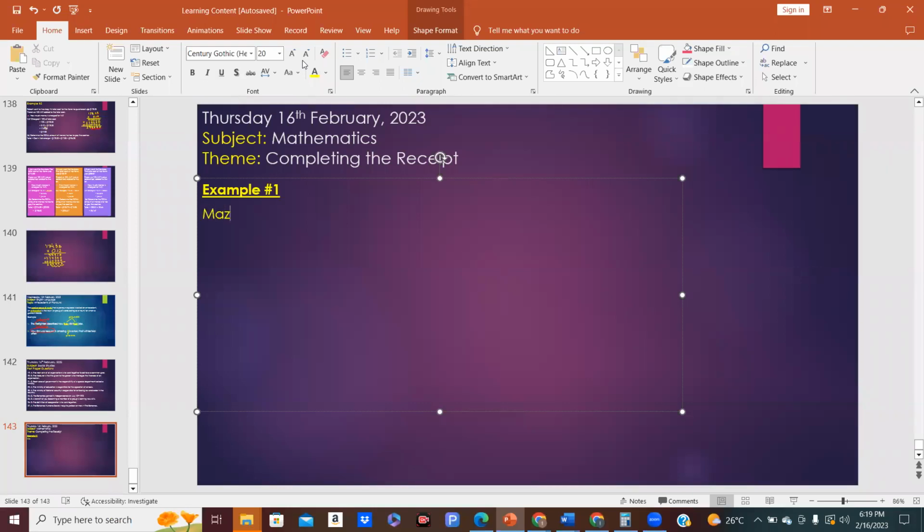So Marx is repairing his apartment. Complete the following bill by filling out the blank spaces.